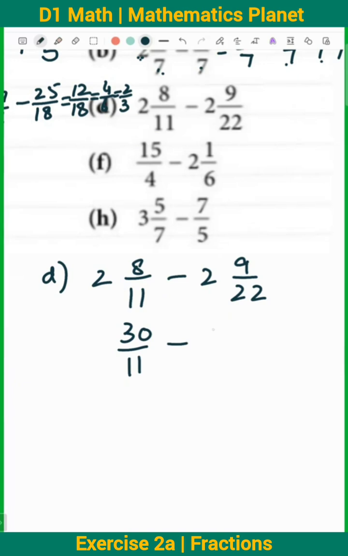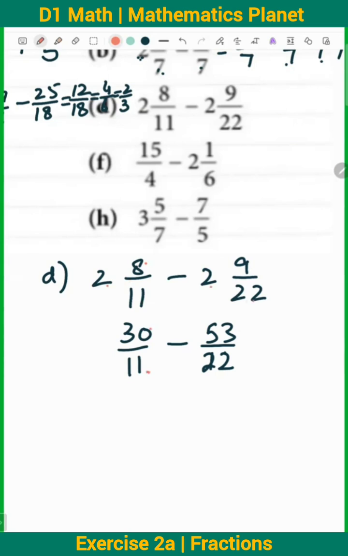Yes, students, who is going to tell me how I got 30 by 11? Miss, you multiplied 11 times 2 is 22, 22 plus 8 equals 30 by 11. 22 into 2 is 44 plus 9 is 53 by 22.